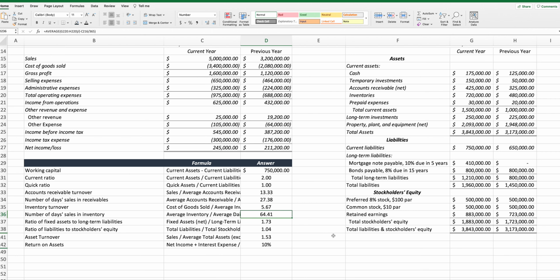That means if I'm making furniture and I have just made a beautiful coffee table, then that coffee table is probably going to sit in my inventory for 65 days until I can find someone who is interested in buying it.